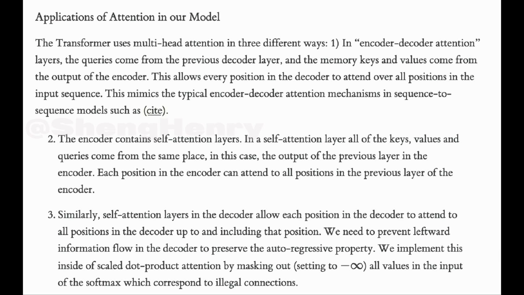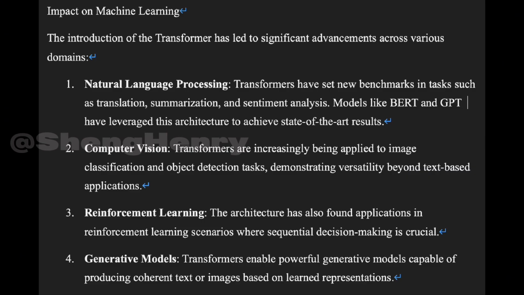Since transformers do not have an inherent sense of order due to their parallel processing nature, positional encoding is introduced to provide information about token positions within sequences. This encoding ensures that the model can differentiate between tokens based on their order in sentences.